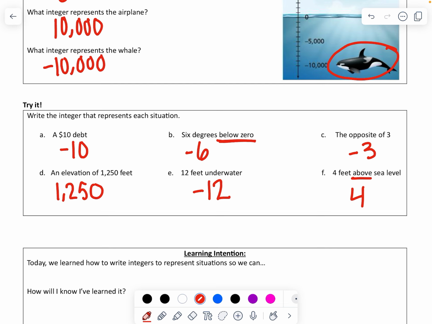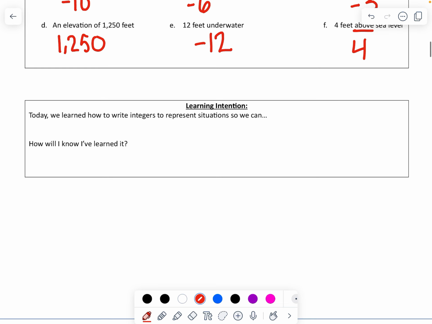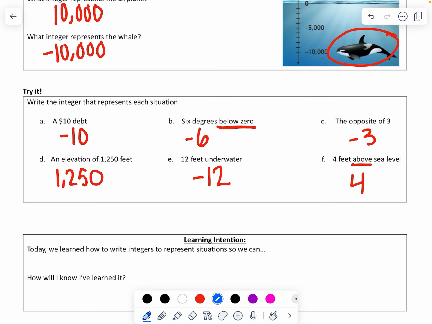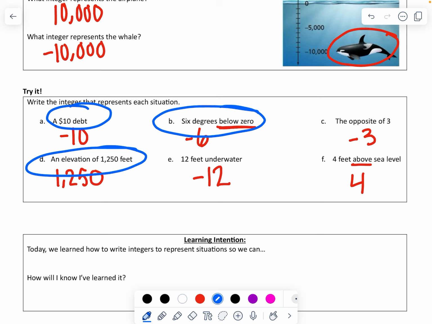All right. Our learning intention said, today we learned how to write integers to represent situations so we can do what? Well, let's think about some of the examples it gave us. It can help us understand debt. It can help us understand temperature. It can help us understand elevation, sea level.